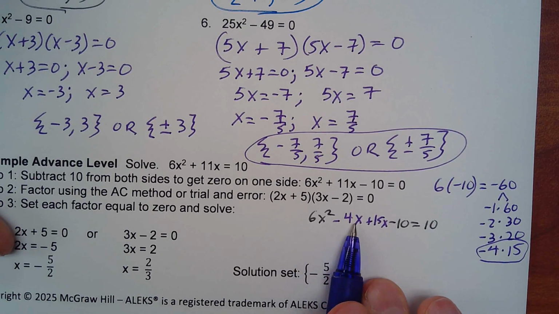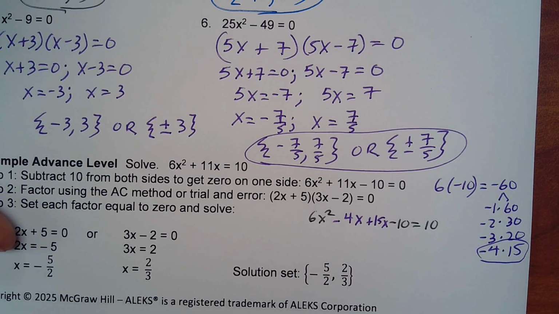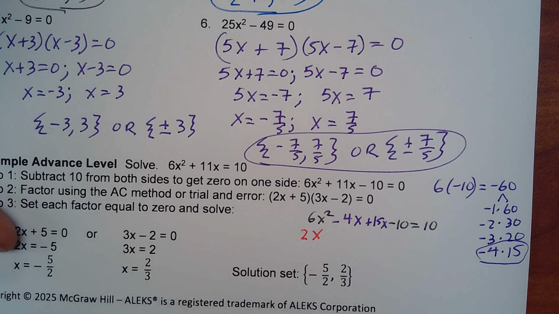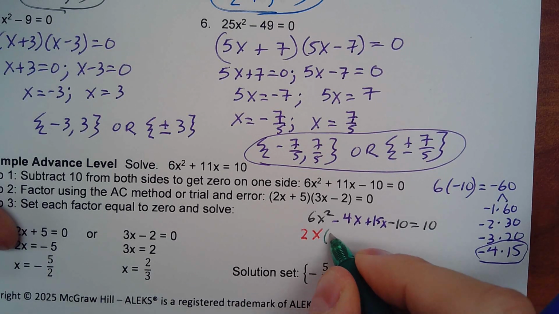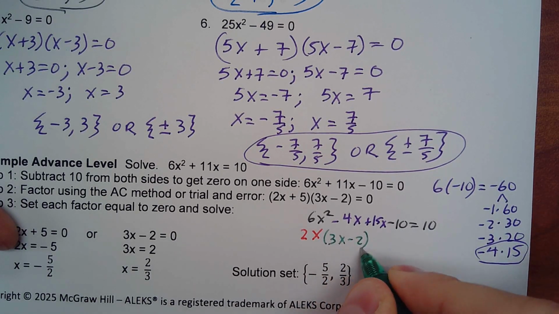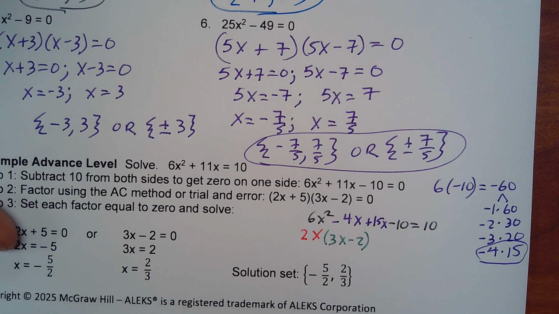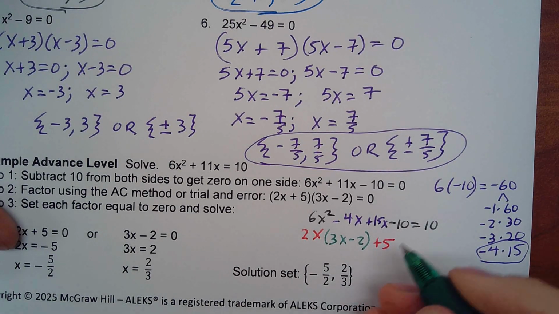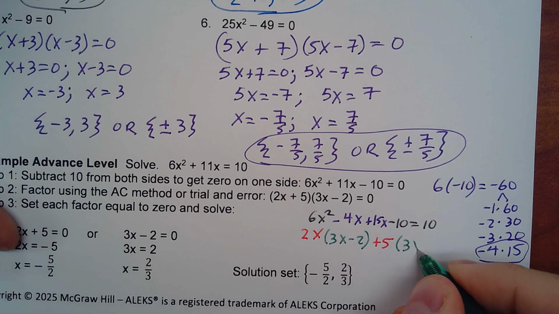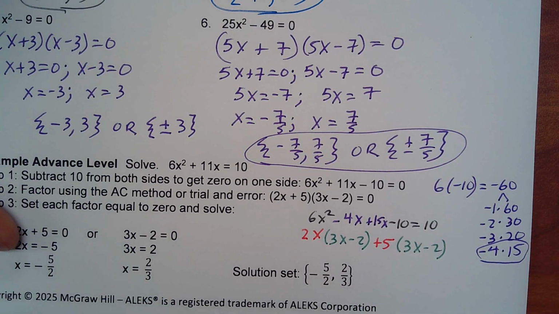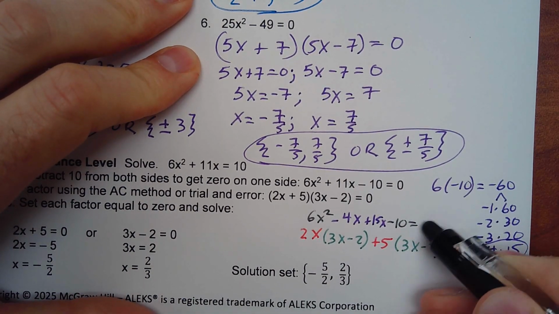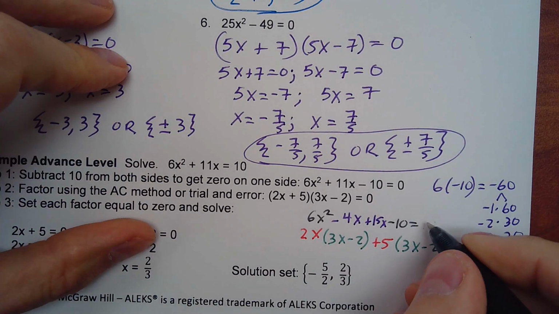So my first two terms would have a common factor of 2x. That gives me 3x minus 2. My last two terms have a common factor of 5. 3x minus 2 is my leftovers, and that should be a 0 there. I don't know why I wrote 10. My bad on that.